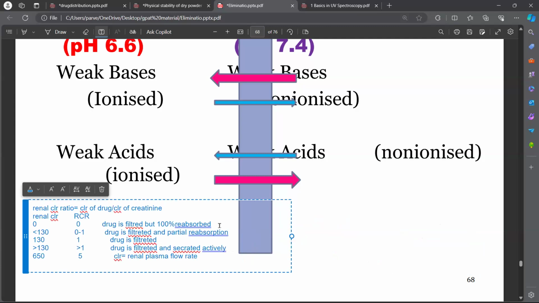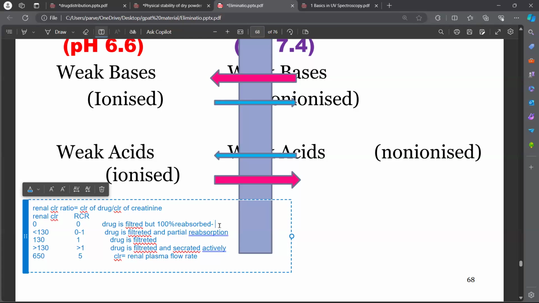So the examples. Do you guys know which kind of drugs are filtered but 100% reabsorbed? Can anyone give me an example? Lipophilic drugs are never 100% reabsorbed.